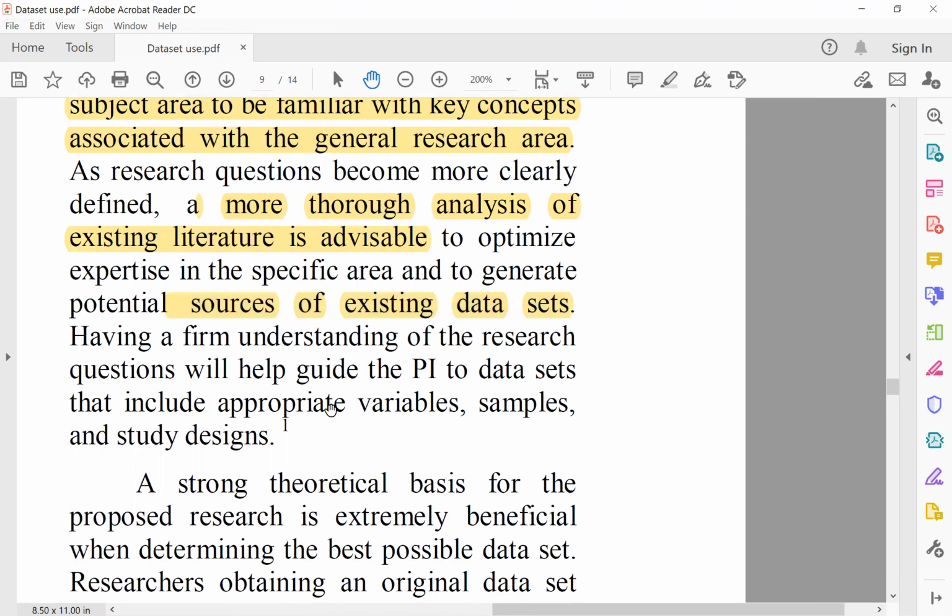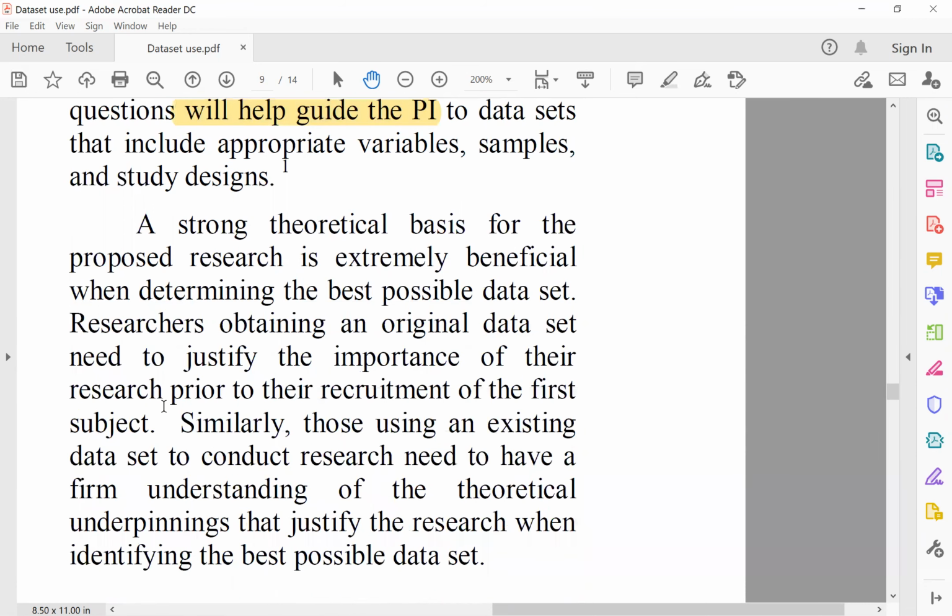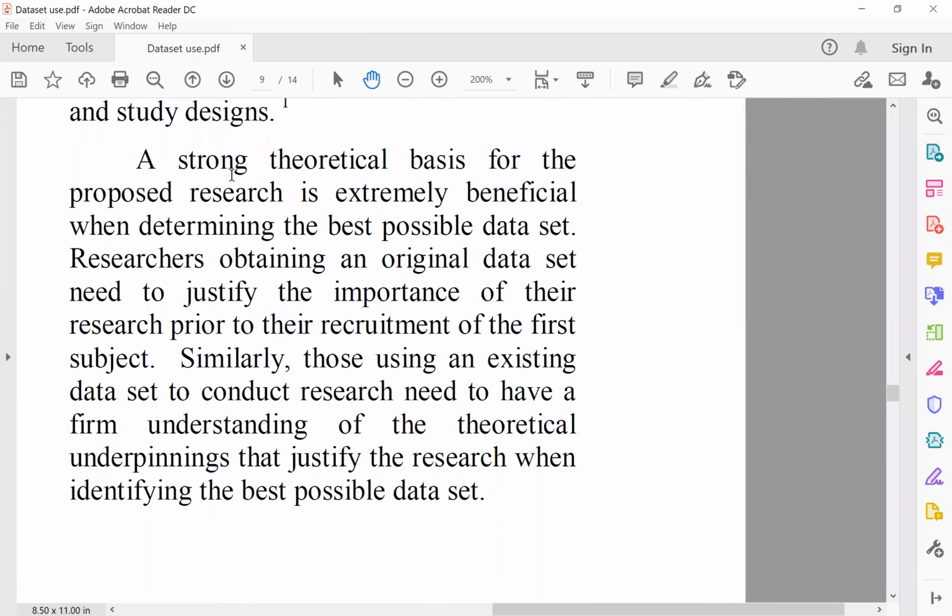Having a firm understanding of the research questions will help guide the PI to datasets that include appropriate variables, samples, and study design. A strong theoretical basis for the proposed research is extremely beneficial when determining the best possible dataset.